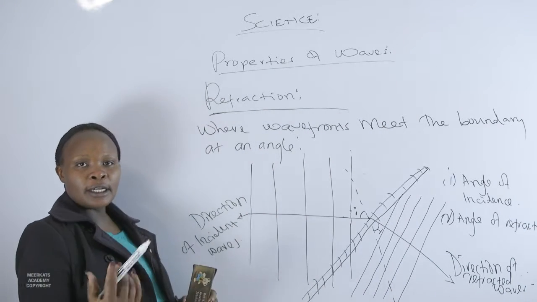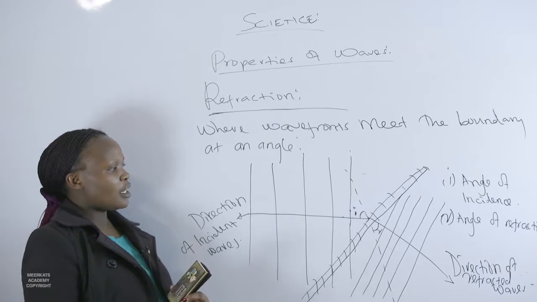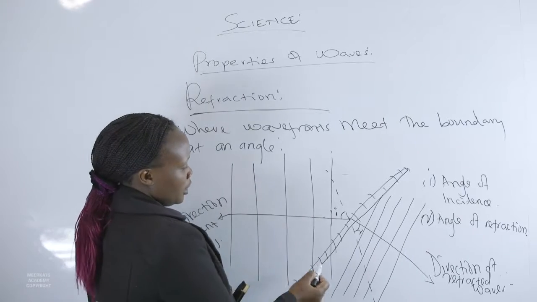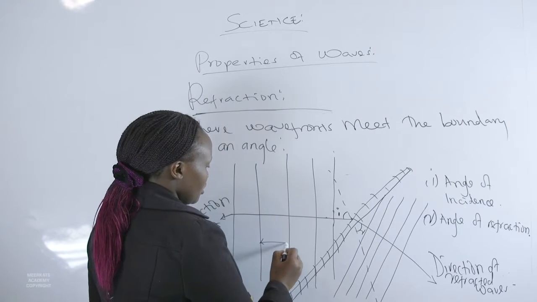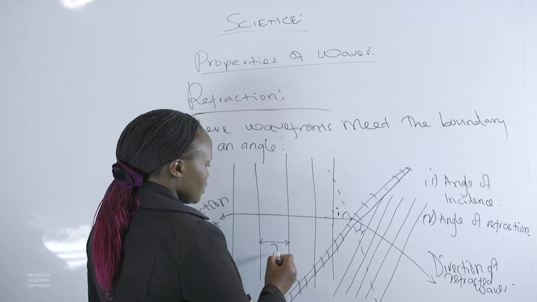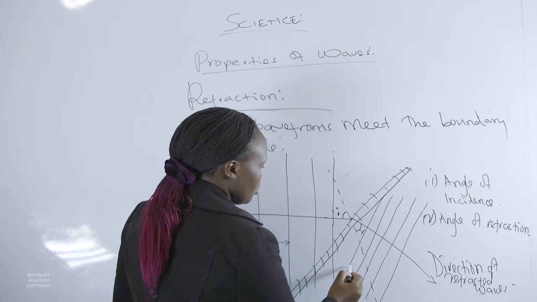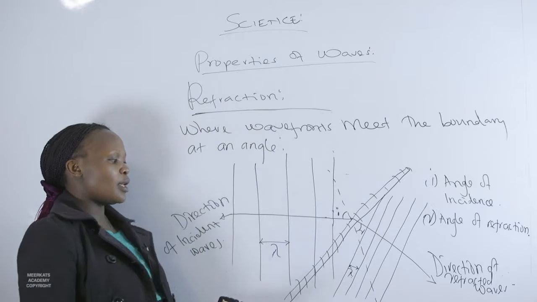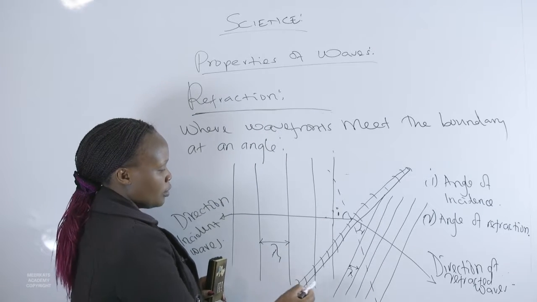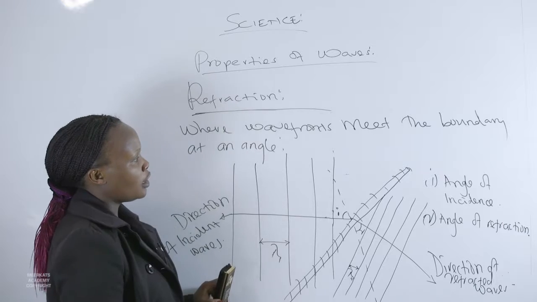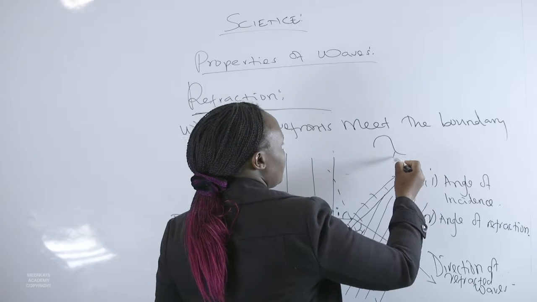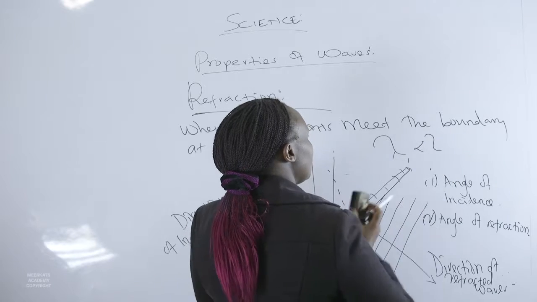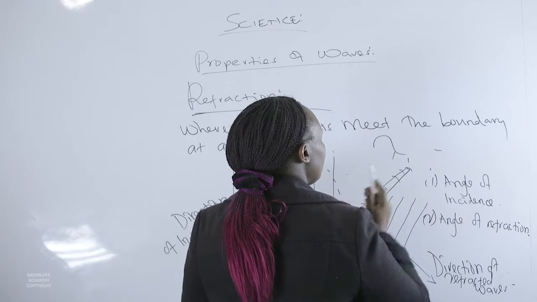And now there is that relationship that exists. Much as we have seen reduction in wavelength, of course, from the relationship that we have just been discussing, we can explain why wavelength 1 is greater than wavelength 2.